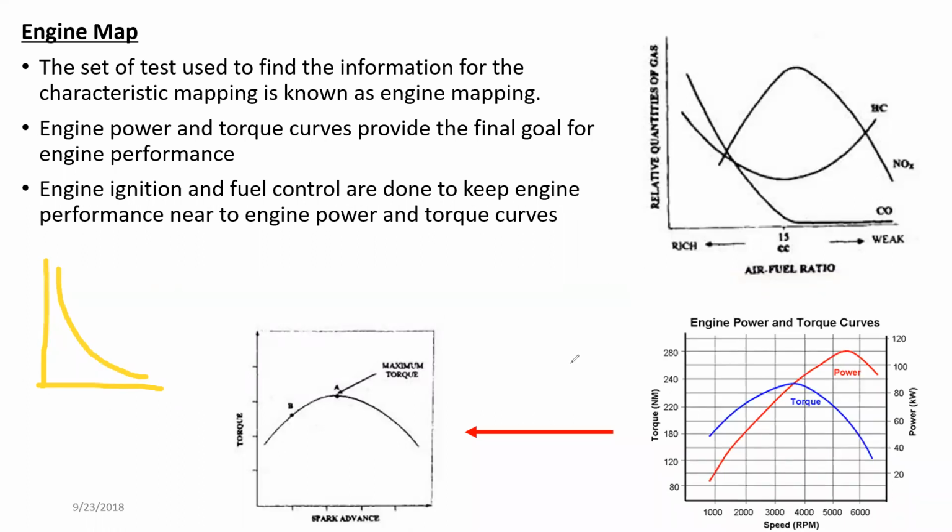Power is actually a product of torque. The engine produces torque, and that torque is transferred into power, right? So that's why we only consider the torque in this case. So this is your torque, this is your RPM.